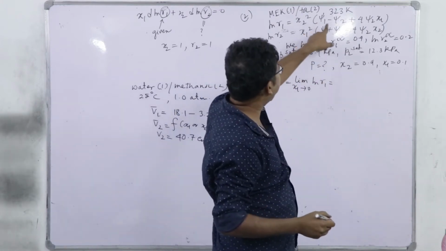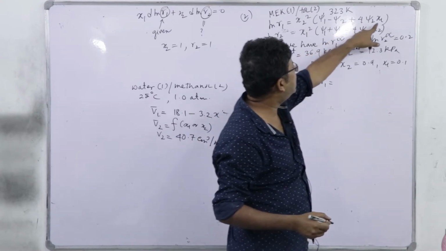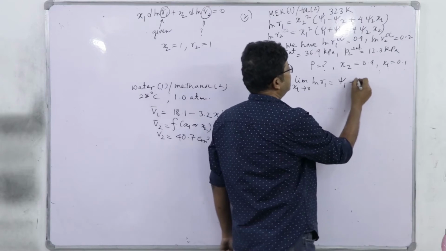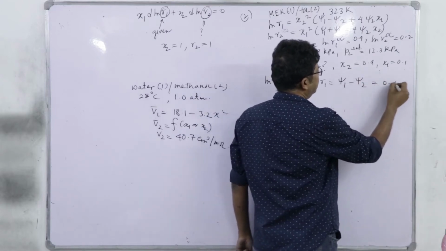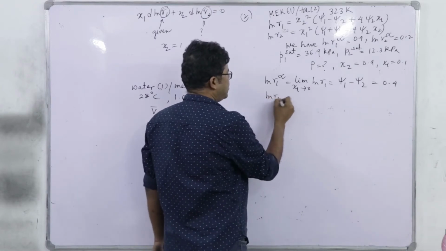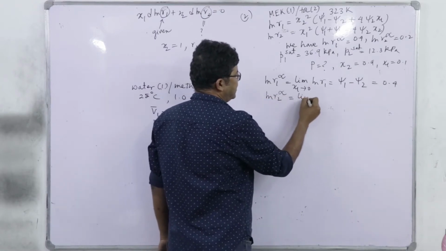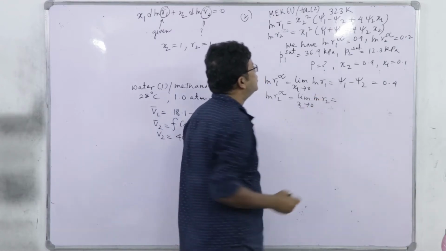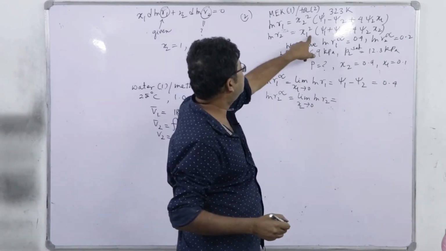So, when x1 is equal to 0, this part vanishes and x2 is equal to 1. So, it is xi 1 minus xi 2, which is 0.4, right. And ln gamma 2 infinity is limit x2 tending to 0 of ln gamma 2, right.